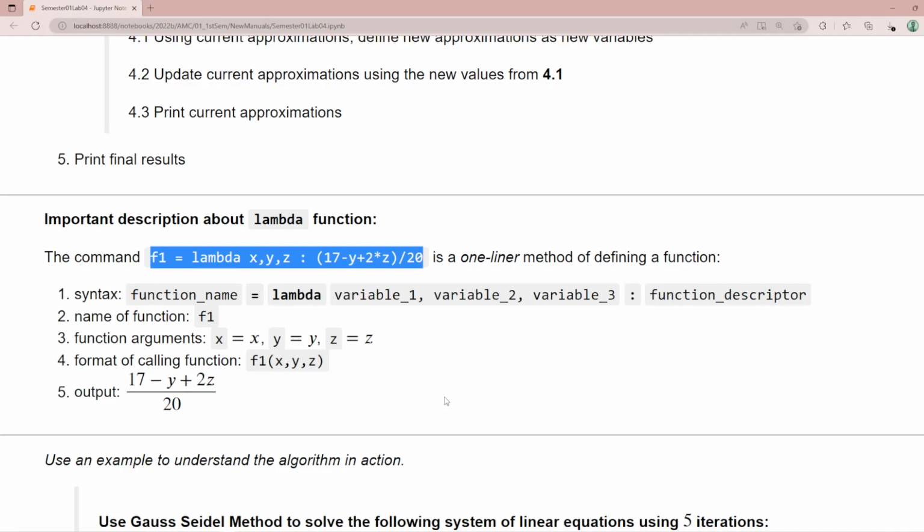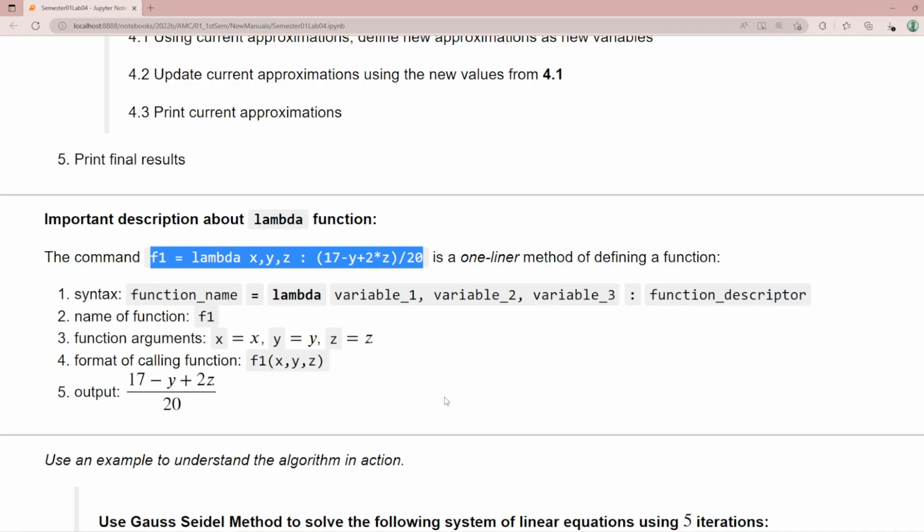Outside the bracket, we put a colon, go to the next line, give an indentation, and start defining the function. And finally, we use the return statement to specify what the output should be. However, here it is a much simpler method of defining a function.